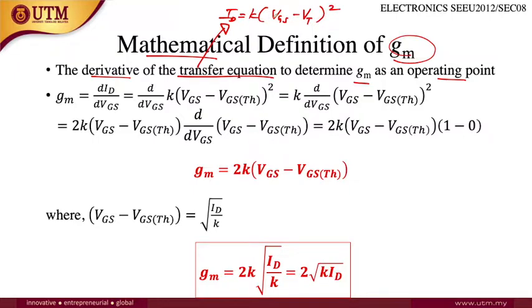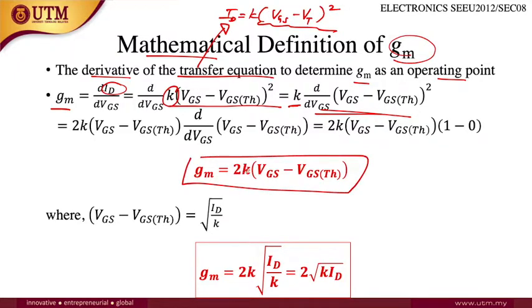So from this equation, GM is delta ID over delta VGS, that is, differentiate ID over differentiate VGS. ID can be replaced with this equation, and since K is constant, you can bring K to the front, and you can derive this equation. The final answer is that GM equals 2K times (VGS minus VGS threshold).